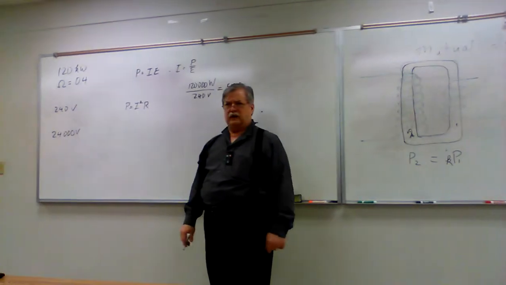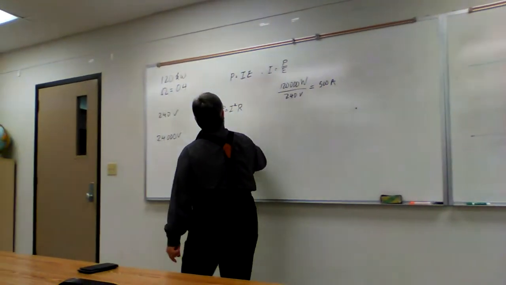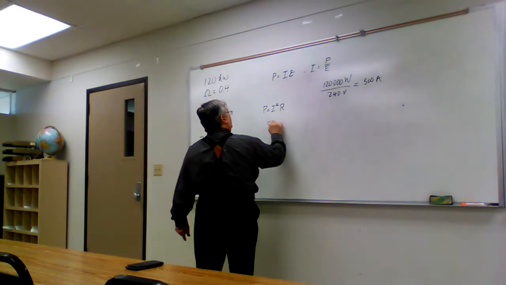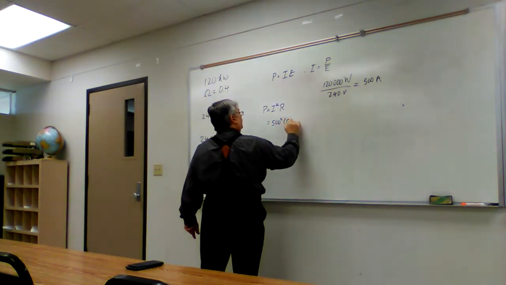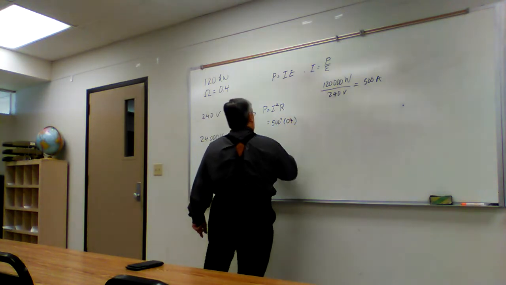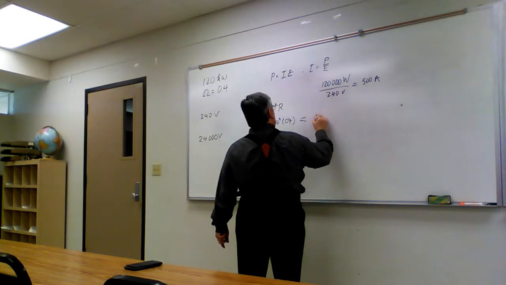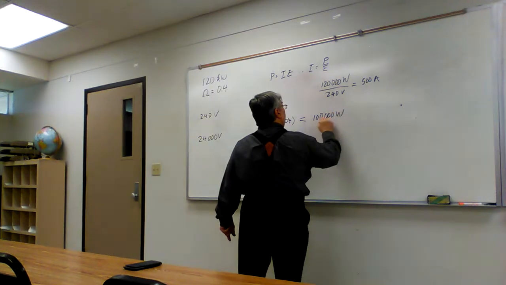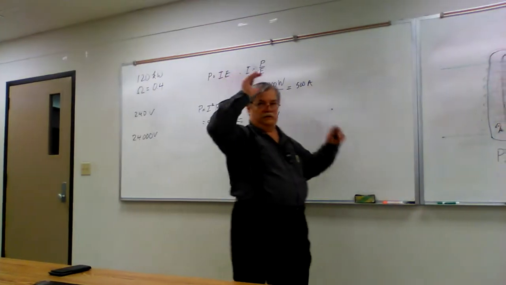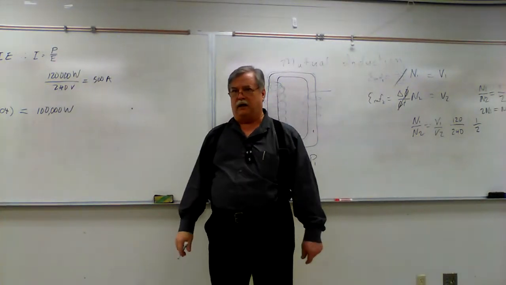No. 500 squared is what? And multiply that by 0.4, the total resistance of the lines. You lose 100,000 watts, wasted in heat, dissipated in those transmission power lines.